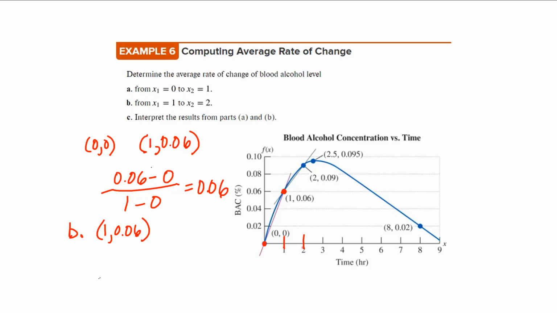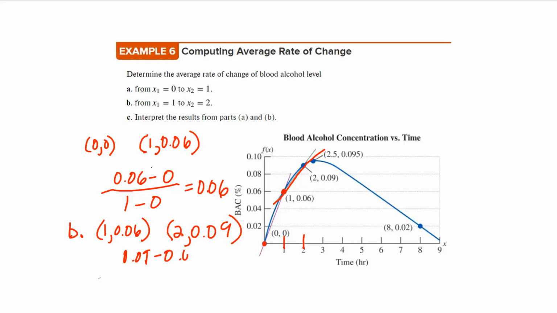And when x is 2 hours, we are up here at (2, 0.09). If we find the slope of the line that connects these 2 points, so this bluish greenish line right here, that will tell us the average rate of change of your blood alcohol level between 1 and 2 hours after drinking. So that average rate of change is just the slope.